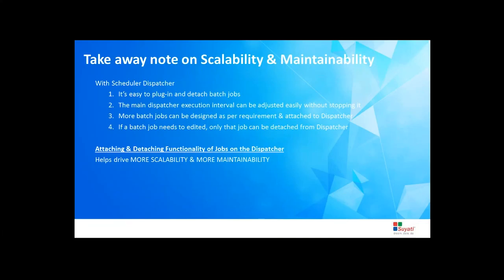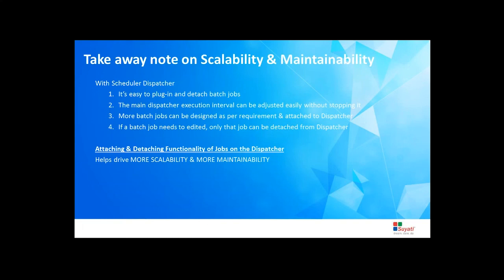So basically what we learn from this scheduler dispatcher is that it is very easy to plug in and detach the batch jobs. The main dispatcher execution interval can also be adjusted easily without stopping it. As I showed you, we are managing it using a custom setting.